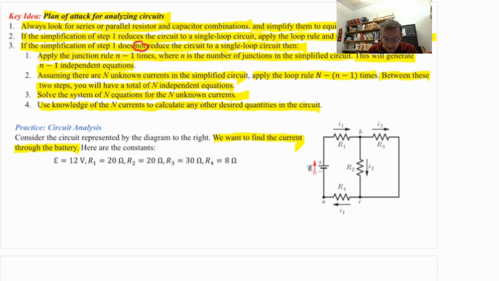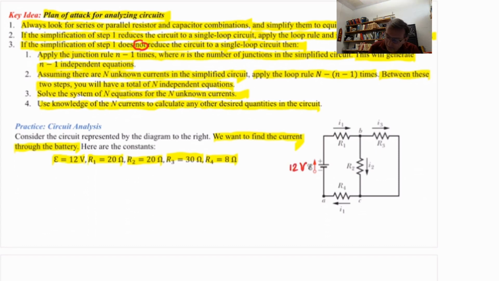And here are the constants. The EMF of the battery, curly E, 12 volts. The resistance R1, 20 ohms. The resistance R2, 20 ohms. The resistance R3, 30 ohms. And the resistance R4, 8 ohms. Okay, so curly E, 12 volts.